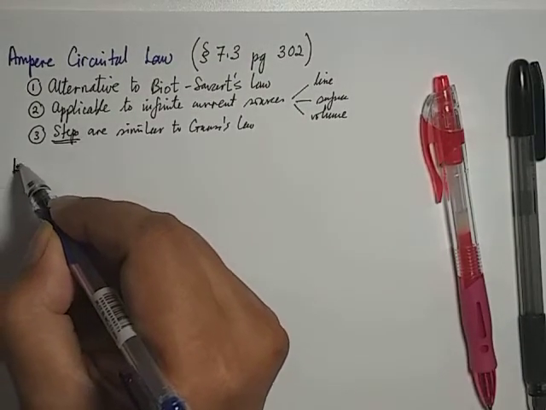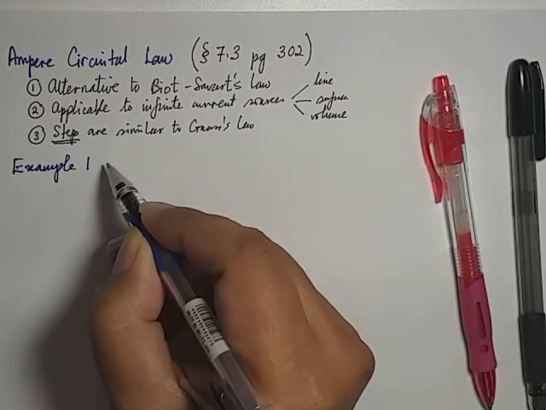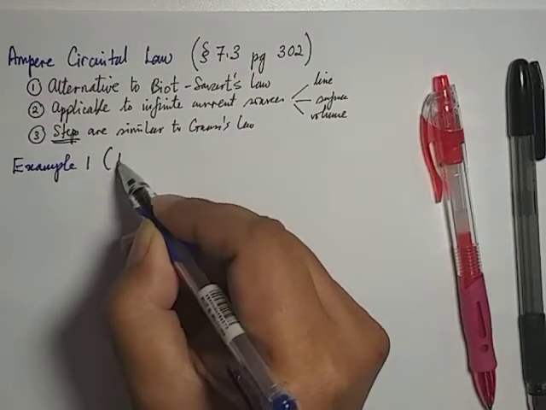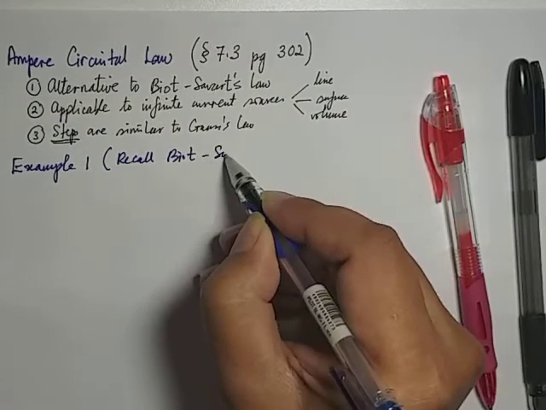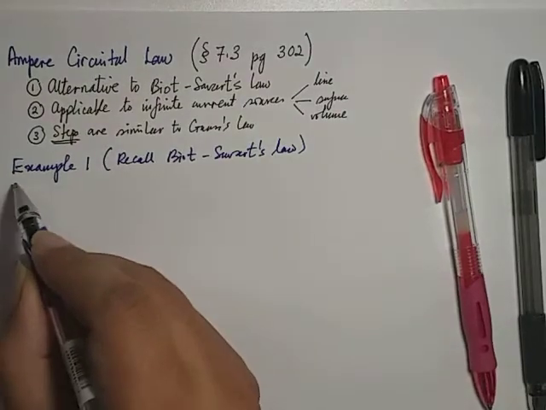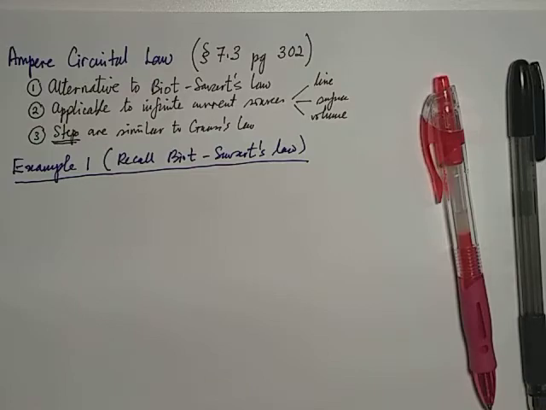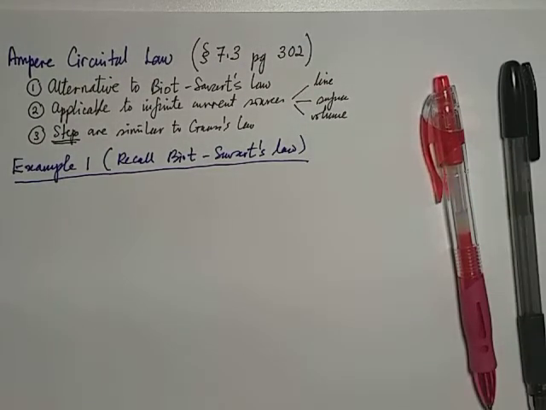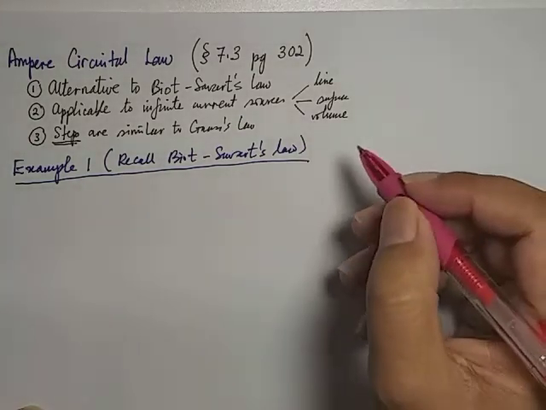So the problem that we're going to solve together now will be exactly the same as what we have seen in Biot-Savart. Can anyone remember what the problem was all about?